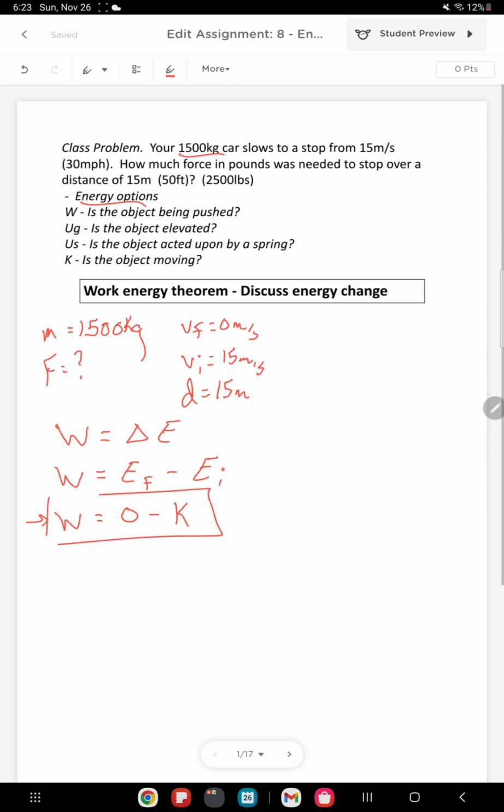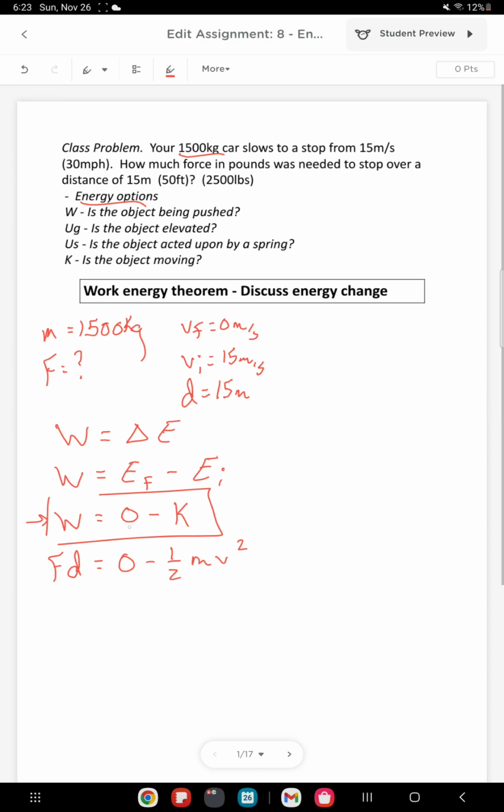We're going to start writing this in terms of what it is. So we look up the equations. What's work? Well, it's force times displacement, 0, minus K, which is just 1/2 mv squared. So now this is all set up for us to put our variables in.